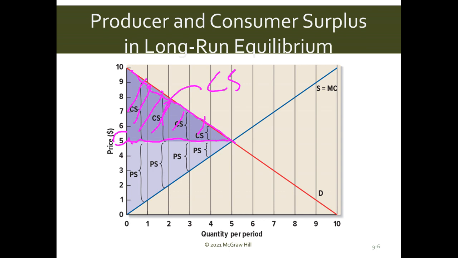And the area above the supply curve and below the equilibrium price, that is this area, this triangle, okay? This whole triangle is called producer surplus.